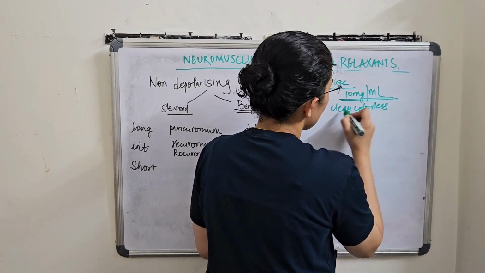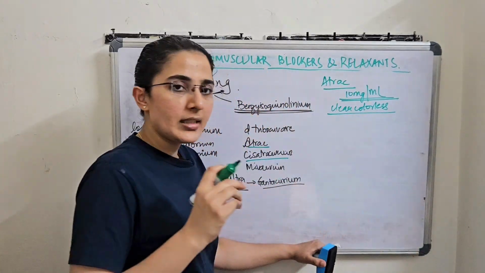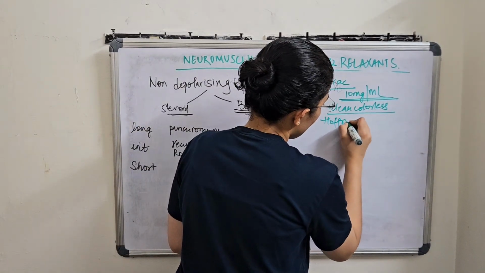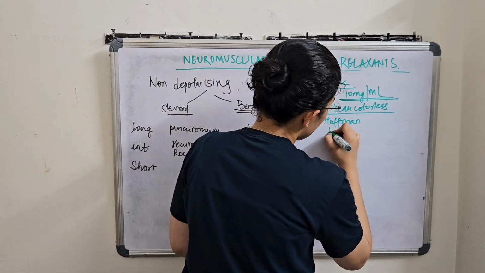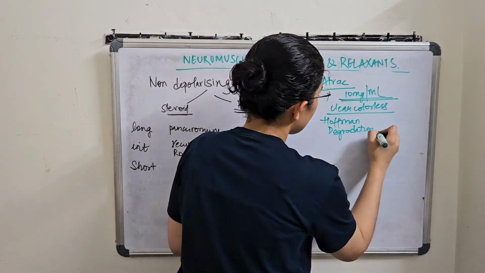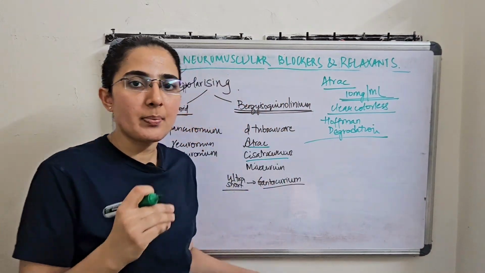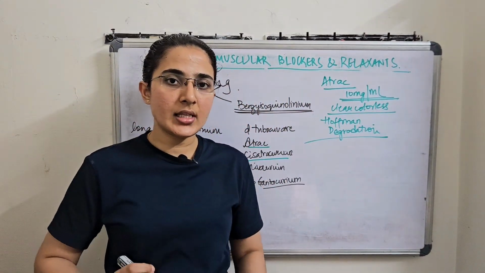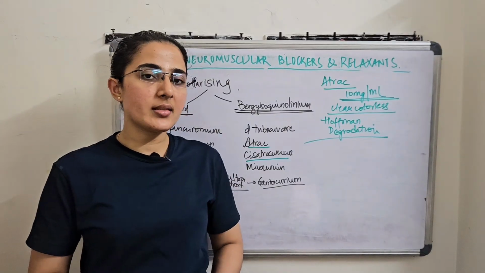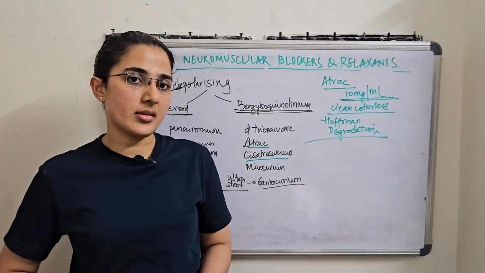The classic feature of it is that it is metabolized by Hofmann degradation, which is temperature and pH dependent plasma degradation, and the remaining about 30% is by ester hydrolysis.